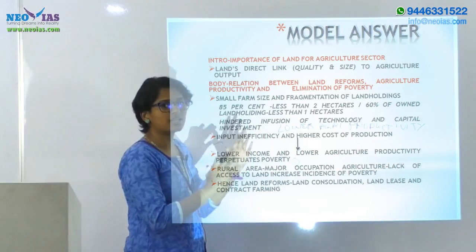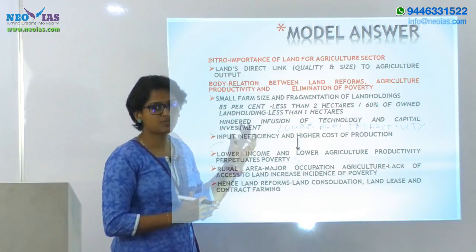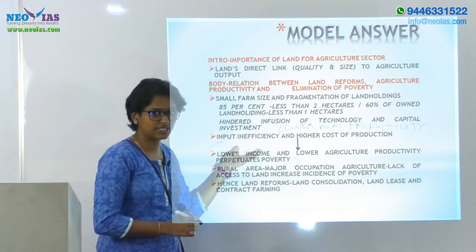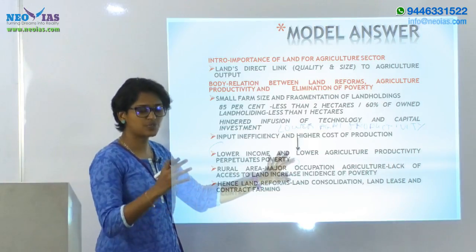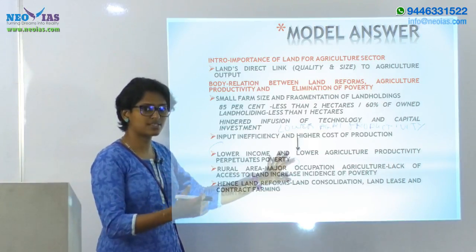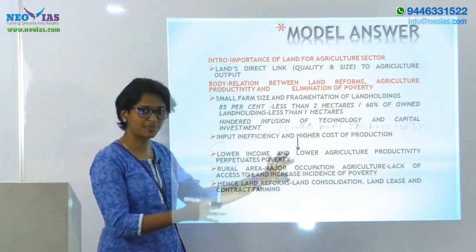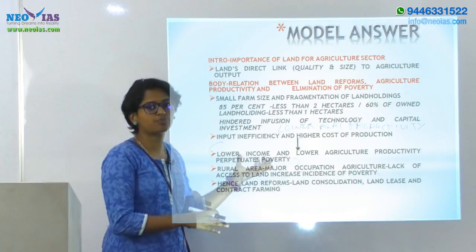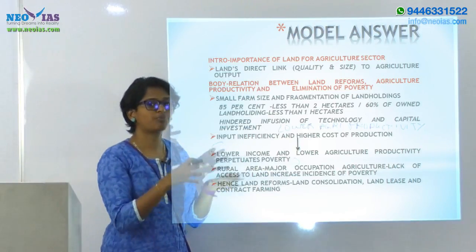Hence, it results in higher cost of production for these poor people and they get only lower income. This says that these already marginalized, small scale farmers who are very poor will be pushed further into poverty. That means the situation will perpetuate poverty.